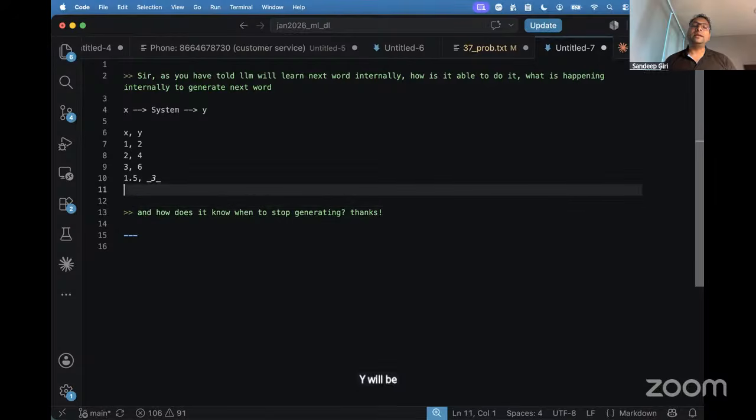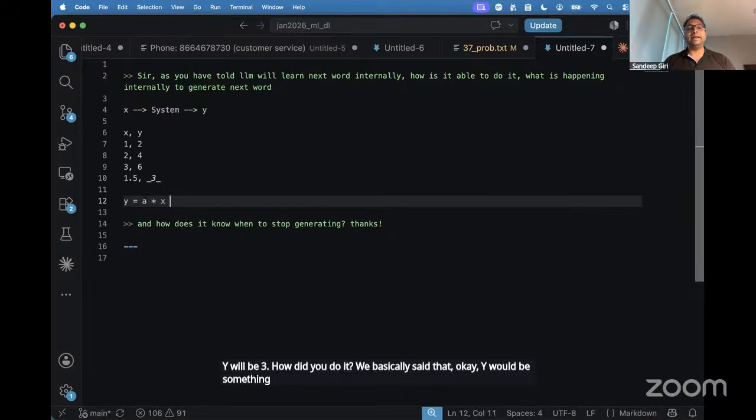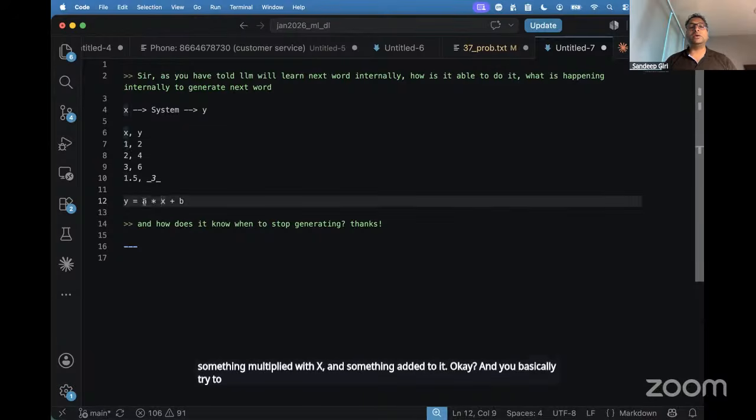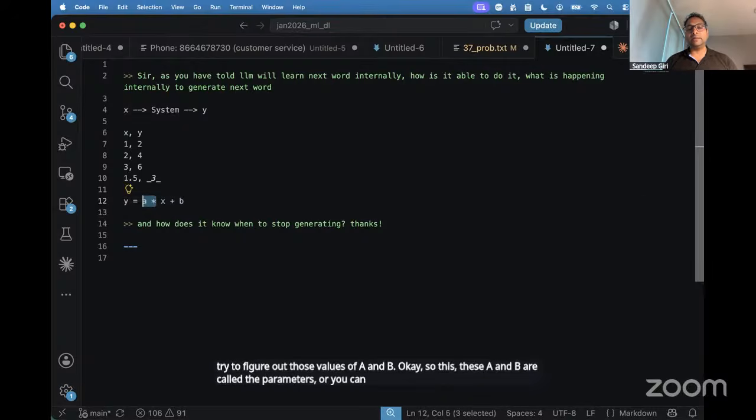How did you do it? We basically said that Y would be something multiplied with X and something added to it. And you try to figure out those values of A and B. These A and B are called the parameters, or you can say the machine learning model. We basically learn from this past experience data.